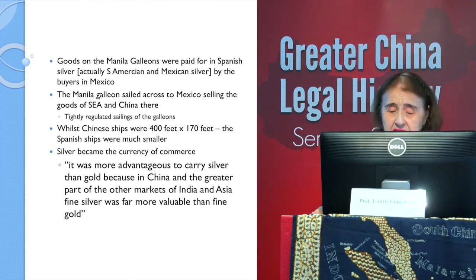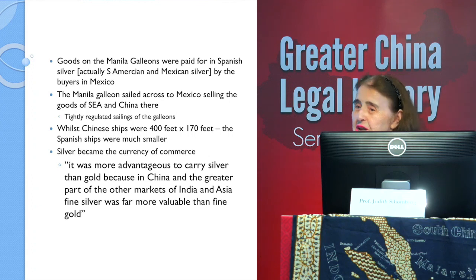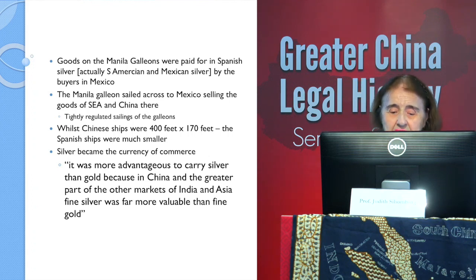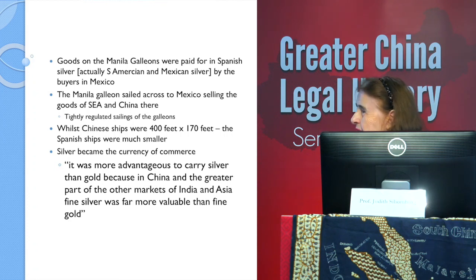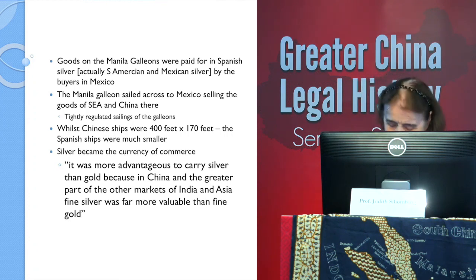Silver was the currency of commerce, and one expert said it was more advantageous to carry silver than gold, because in China and the greater part of the other markets of India and Asia, fine silver was far more valuable than fine gold.